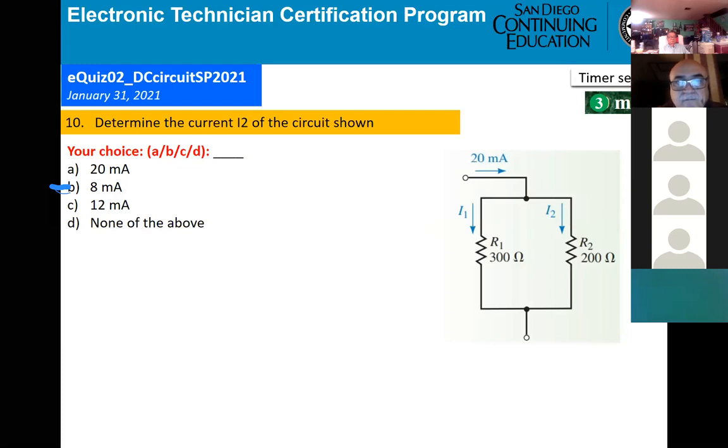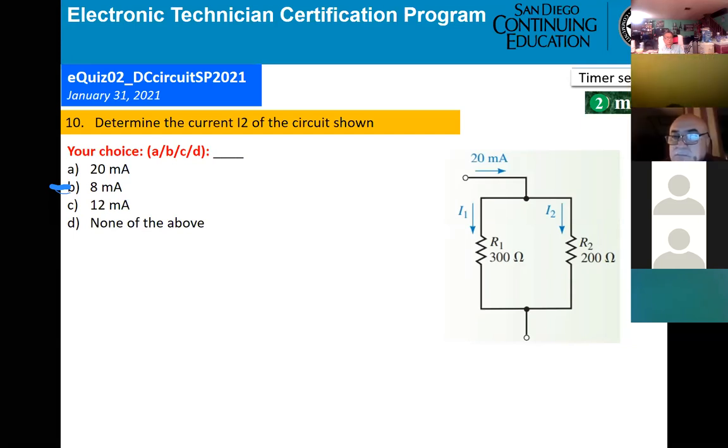I'm assuming this means R2. Yes, that will be using the current divider law.